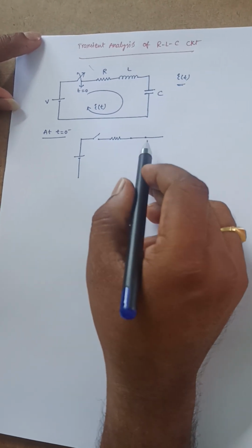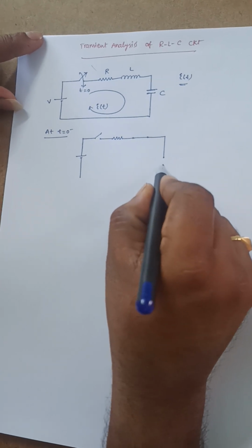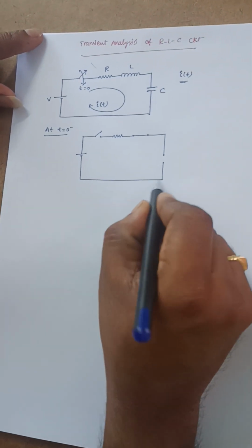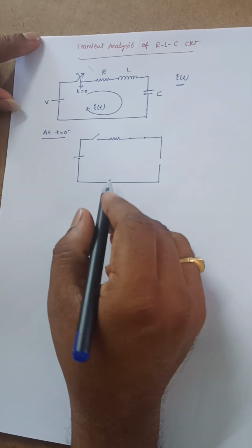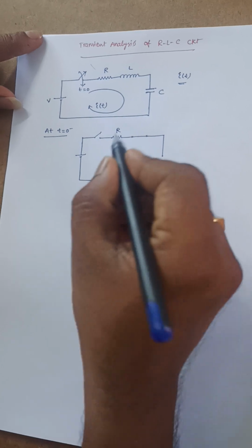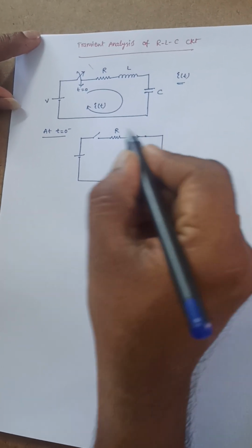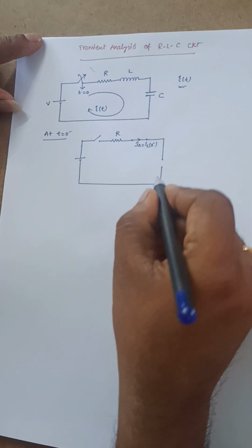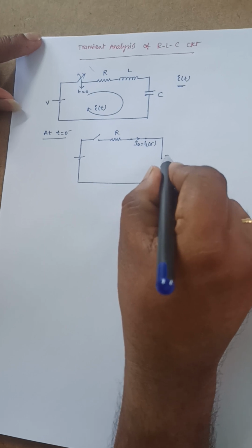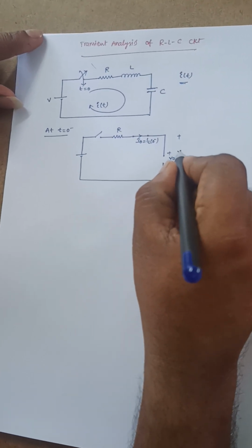So the inductance can be replaced with the short circuit and the capacitance can be replaced with the open circuit. So this is the circuit for at t is equal to 0 minus, and the current that is flowing through this is I naught, that is equal to IL of 0 minus. The voltage across this capacitance is V naught, or it is nothing but Vc of 0 minus.